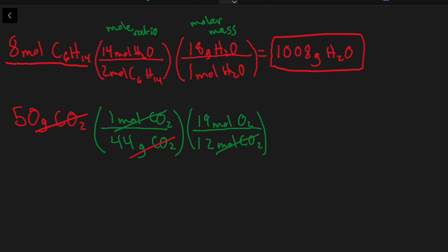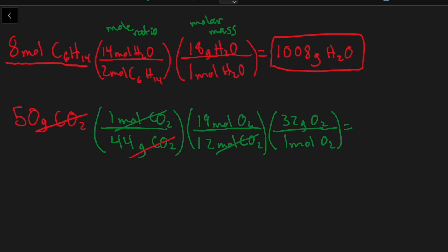So now we are left with the units of moles of oxygen. But now we want to get grams of oxygen. So there is a final step, which is using the molar mass to calculate the number of grams of oxygen, right? In 1 mole of oxygen, you have 32 grams of oxygen, because you have 2 times oxygen.